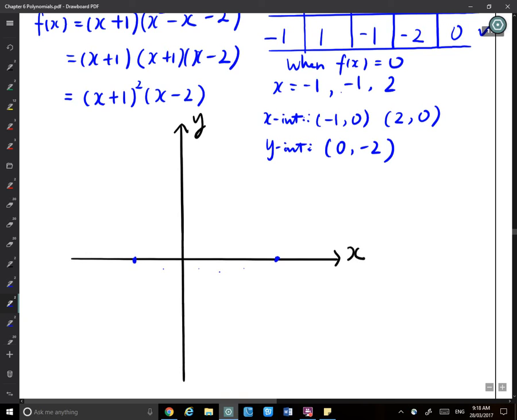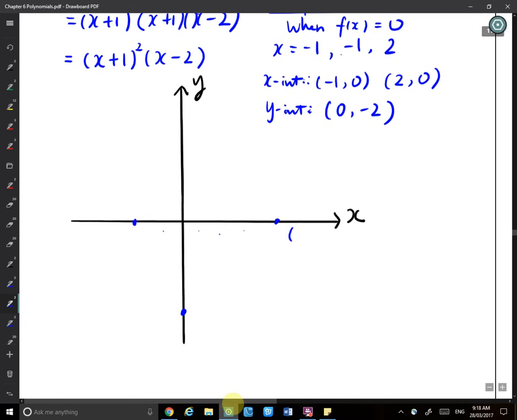Okay, we have 2, 0, minus 1, 0, and 0, negative 2.